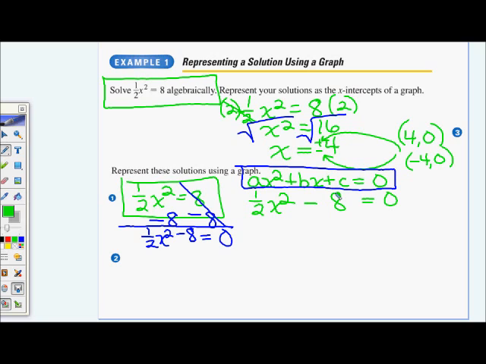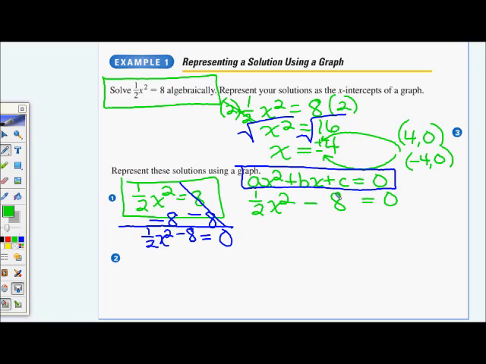Now I have it in the correct form, and I can write it in the related function form, and I can find my equation then. So y equals 1/2 x squared minus 8, and I also know that my x-intercepts are going to be at 4 and negative 4.